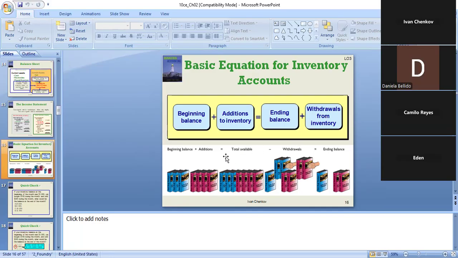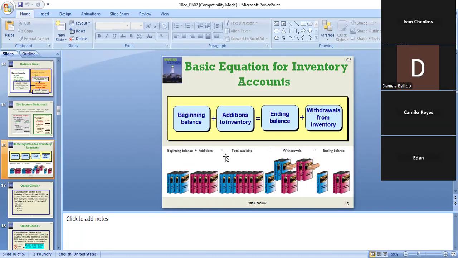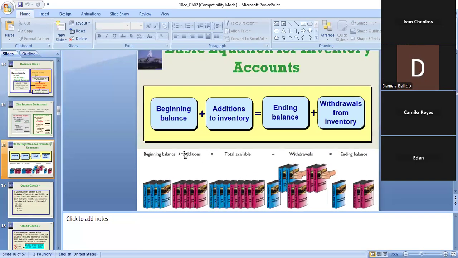One slight modification here: the beginning balance plus what we add to the account is going to give us the available amount. Once we deduct whatever we use, it gives us the ending balance. But if we deduct the ending balance, it gives us how much we deducted from the account.